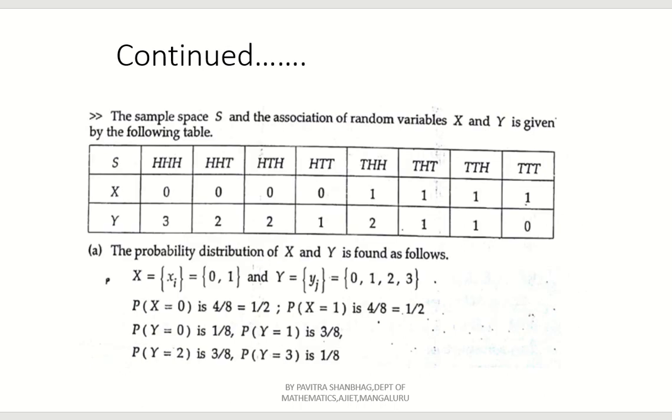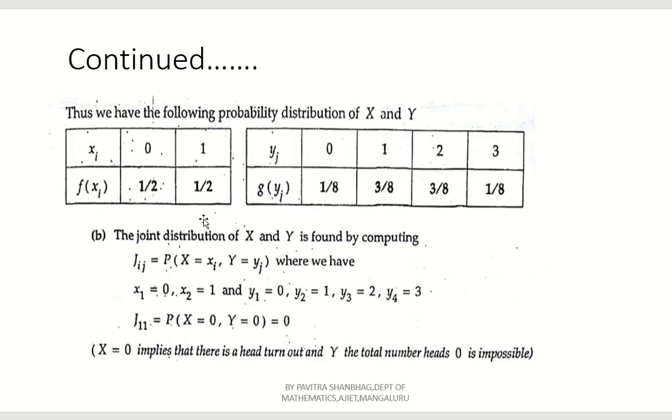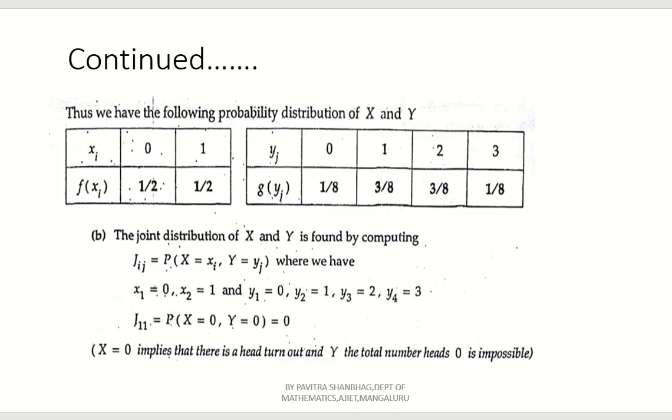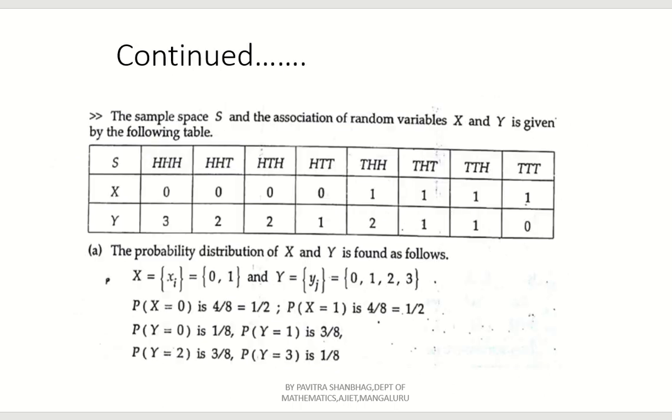P of x0, y2 is 2 by 8, so 1 by 4. What are the possibilities?